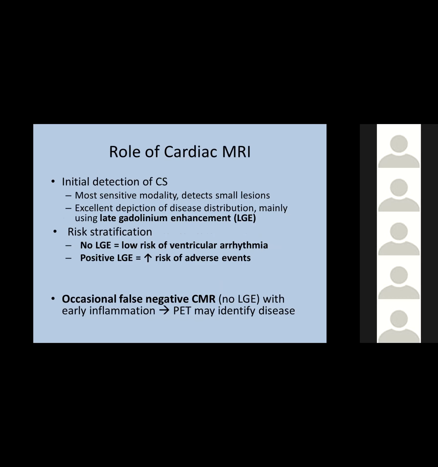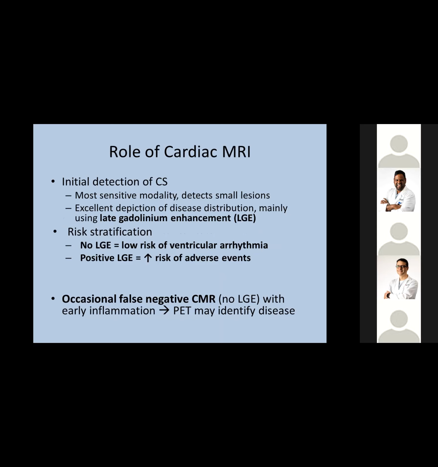The main role of MRI in sarcoid is initial detection and characterization of disease. MR is by far the most sensitive modality. It can detect very small abnormalities that wouldn't be picked up on other imaging, and it gives you an excellent overview of disease distribution throughout the heart. It uses late gadolinium enhancement.